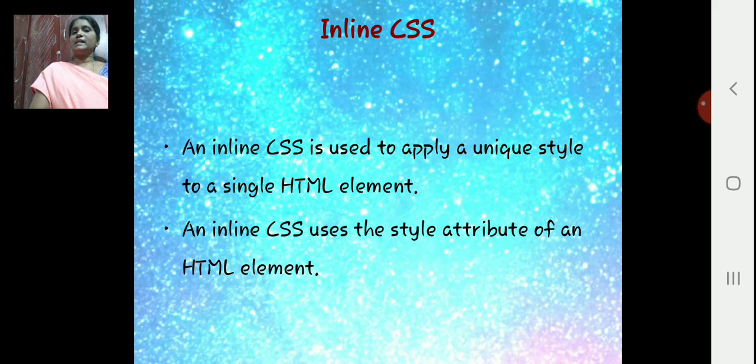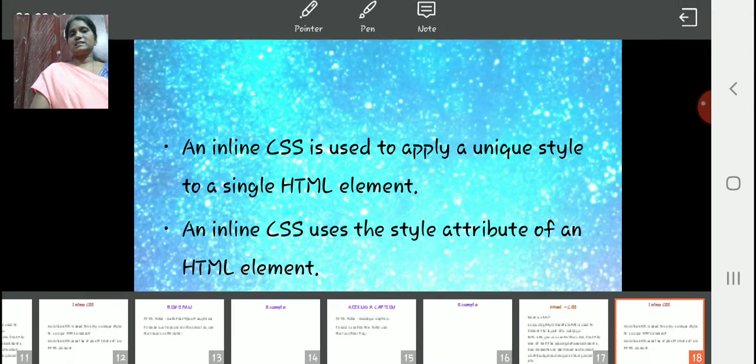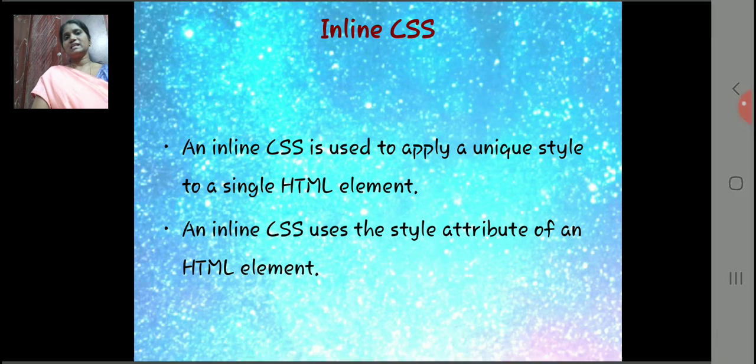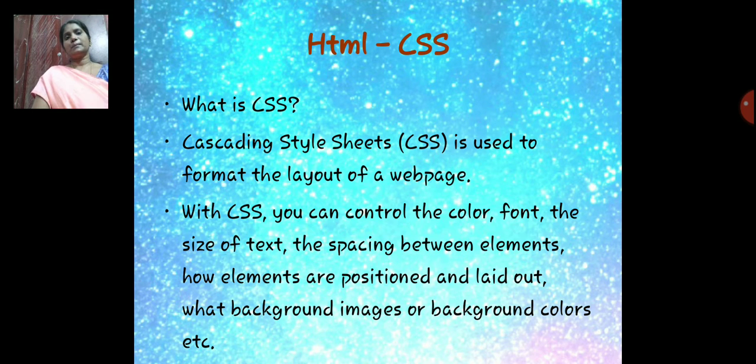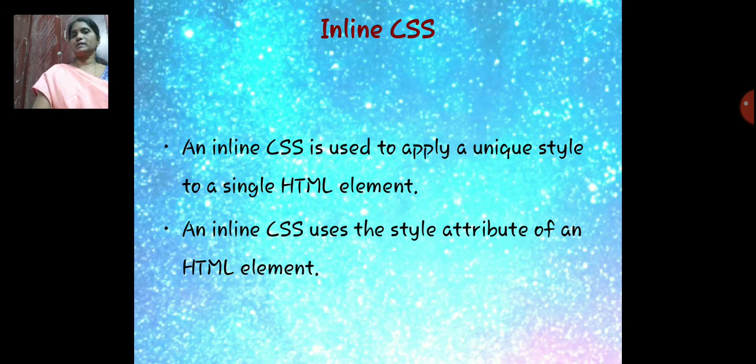CSS can be applied in 3 ways, as shown in the previous slide. We can give inline CSS, internal CSS, and external CSS also. Firstly, inline CSS. What is inline CSS?